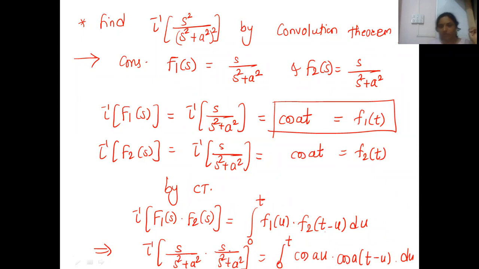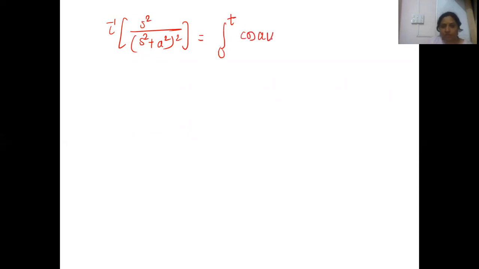So the required thing we get here: the Laplace inverse of s square upon (s square plus a square) whole square is equal to the integration from 0 to t of cos au into cos a(t minus u) du.